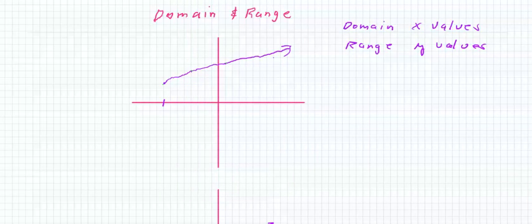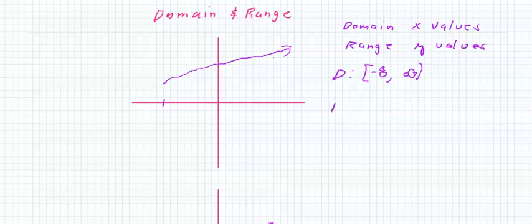So my domain starts at negative 8. We use interval notation that we learned before. Starts at negative 8 and goes to positive infinity.